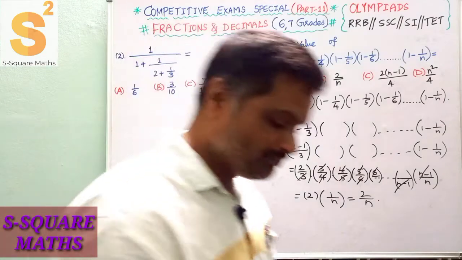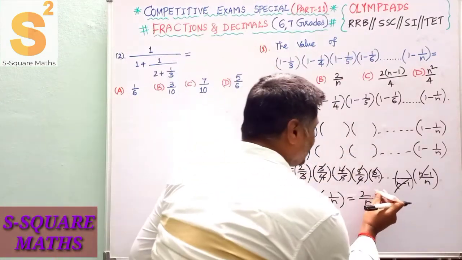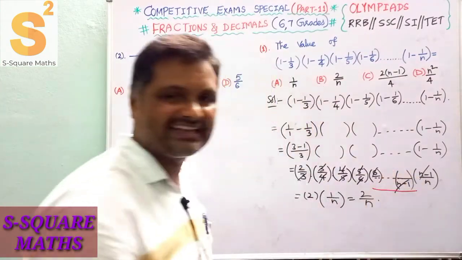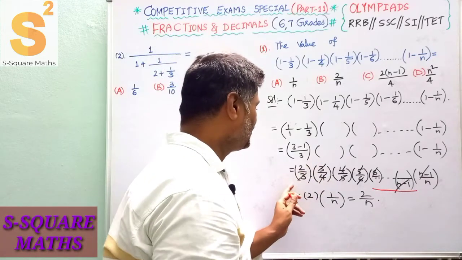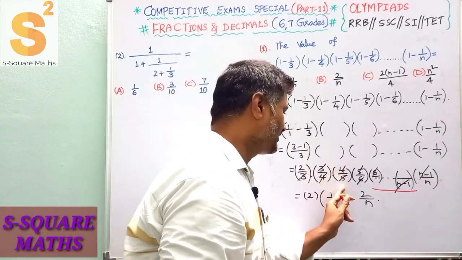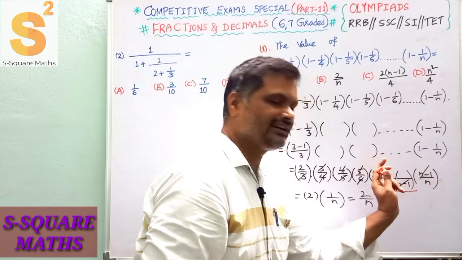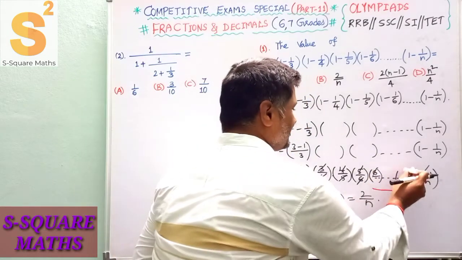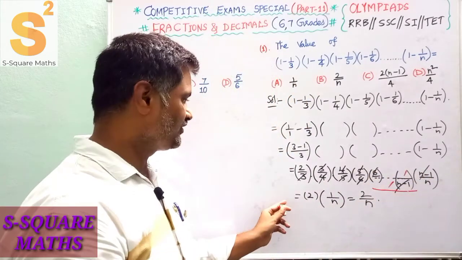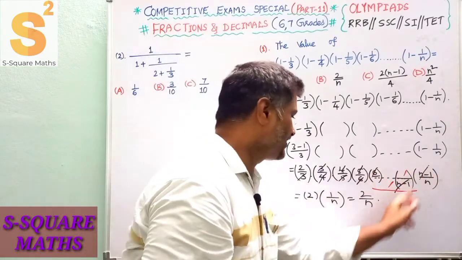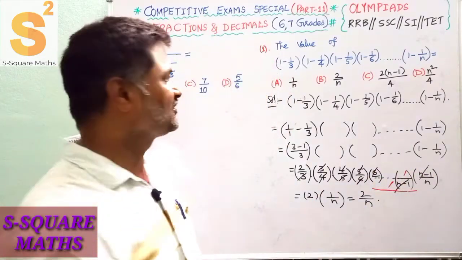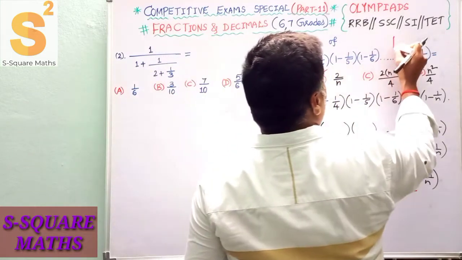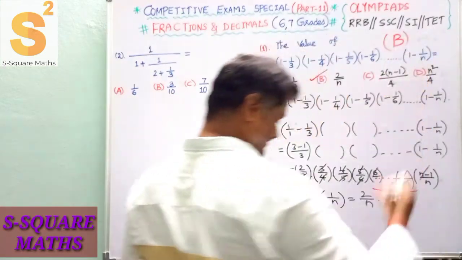Please be aware, children, how I cancelled, generalizing numerator and denominator, and this part and this part anyhow will cancel. Leftover is 2 here, and here it is 1 by n, so 2 by n finally. So here it is 2 by n, nothing but our B option.